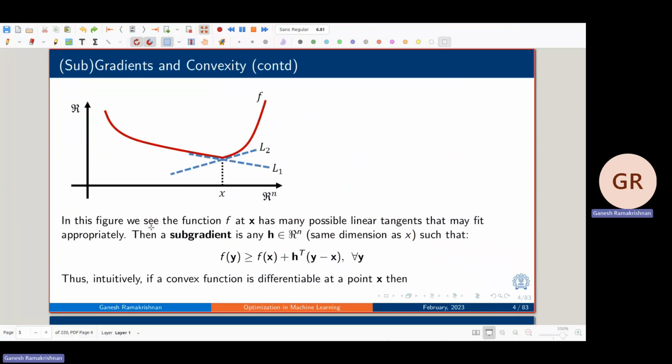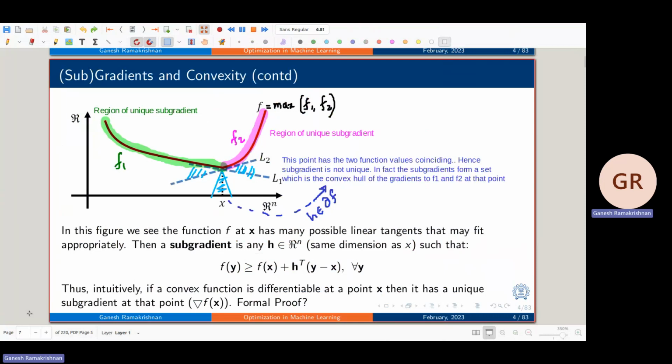Max of two convex functions is convex. What happens here? Everywhere else, in the green region or the pink region, where the max is f1 or f2 alone, there's a single tangent and a single gradient. The problem is only at this point. And what will happen here?